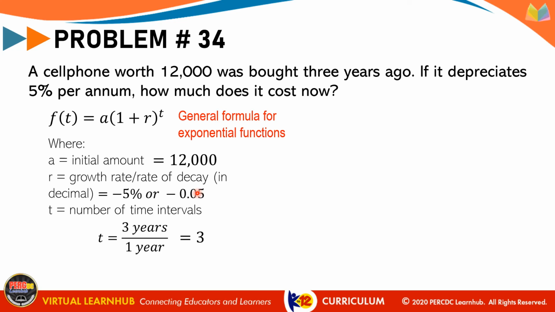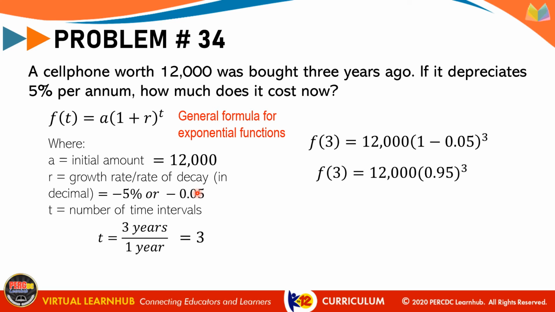So, substituting it to our formula, we have here f of 3 equals 12,000 times 1 minus 0.05 raised to 3, giving us 12,000 times 0.95 raised to 3, and that is approximately 10,288.5.